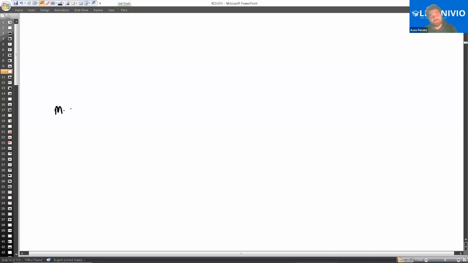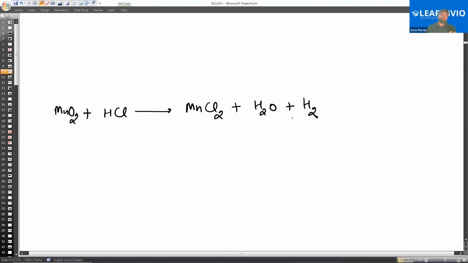The same thing happens here. If I write MnO2 reacting with HCl, it gives MnCl2 plus H2O plus chlorine gas. Can you tell me which element is oxidized or reduced here? MnO2 is being reduced.